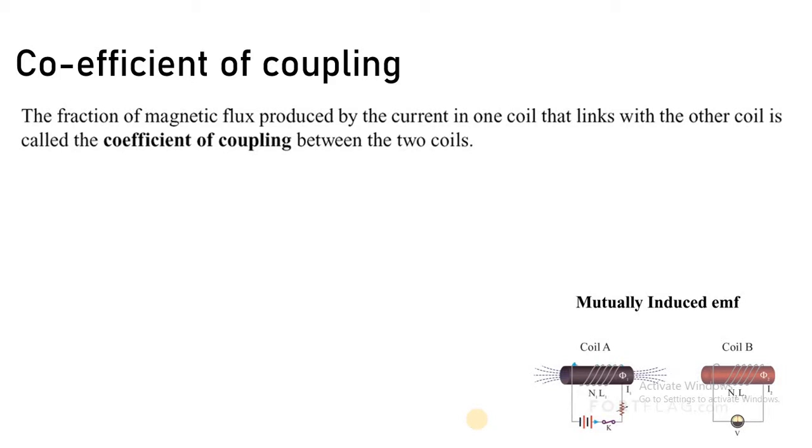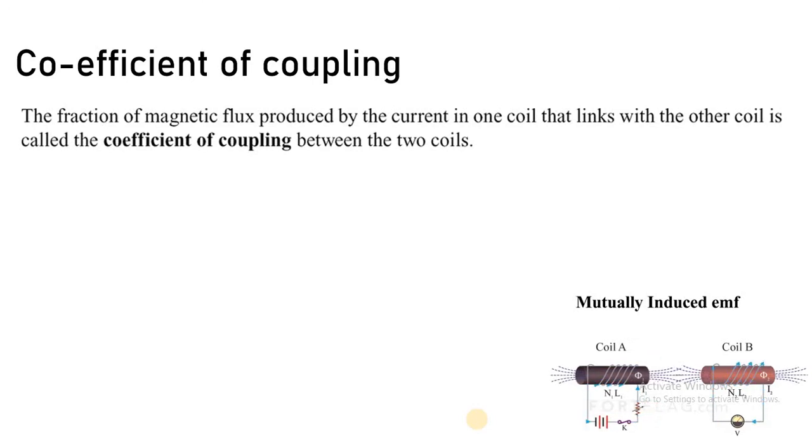The coefficient of coupling will be 1. When 100% flux lines provided by coil A are linked with coil B, we say the coefficient of coupling is 100%, so that coefficient is 1.